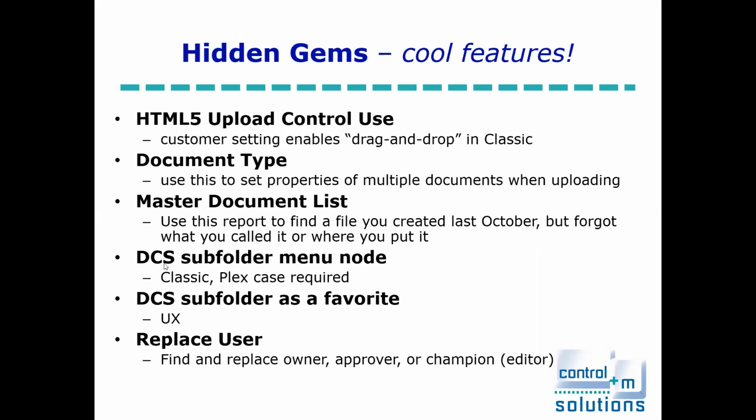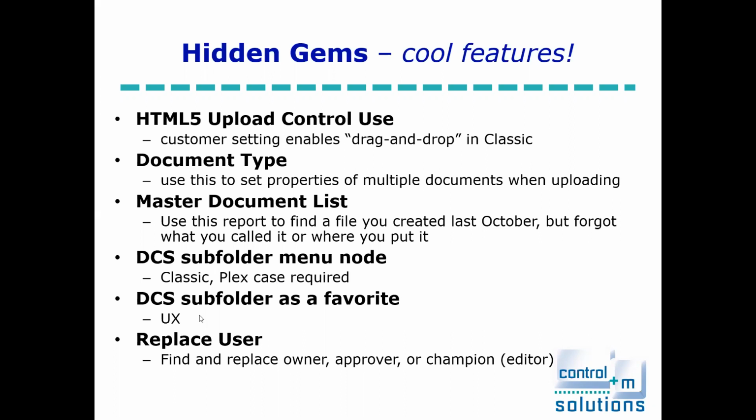And then for the Classic users, you can submit a case to Plex and ask that a document control system subfolder be created as a menu node. That is possible. So if you have multiple documents in the DCS, let's say they're HR documents and they're permissioned so that no one else can see them, but you want them as a menu node, you can submit a case to Plex that can add that for you.